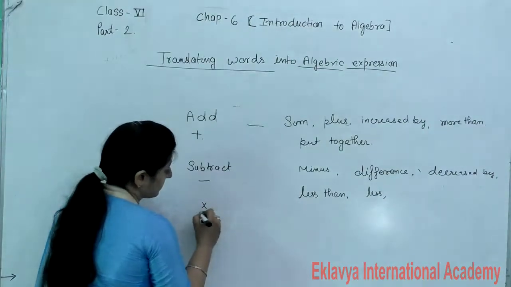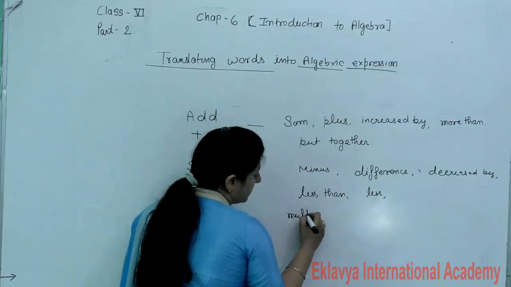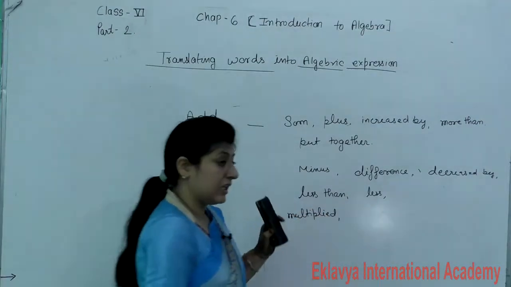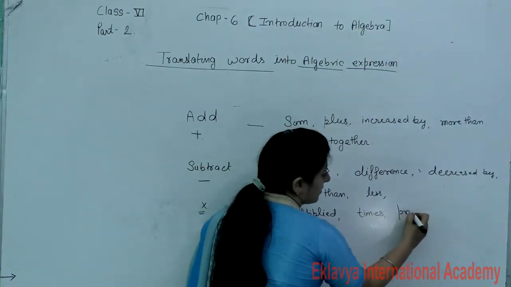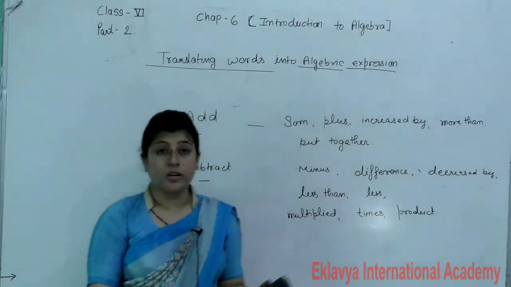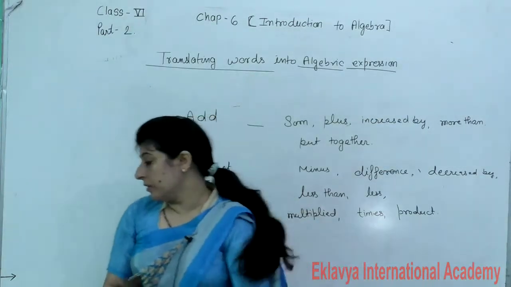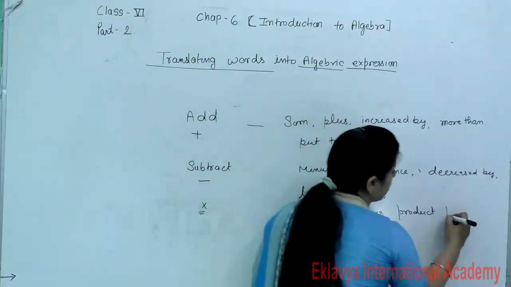Multiplication. Multiplication directly, multiplied, times, product, or groups of, put together in groups.